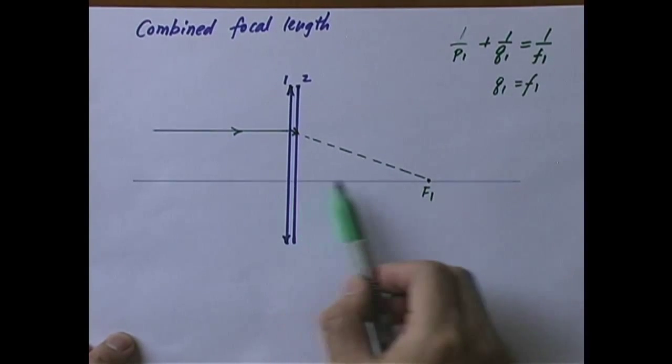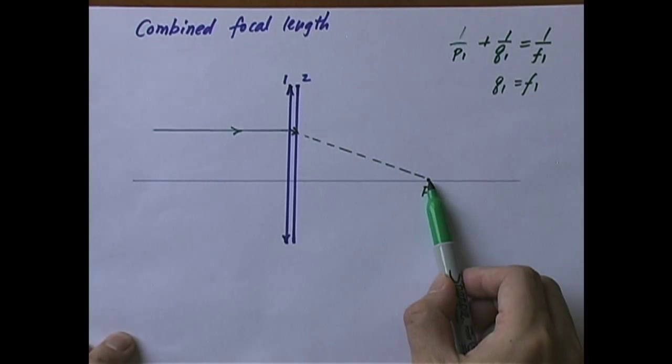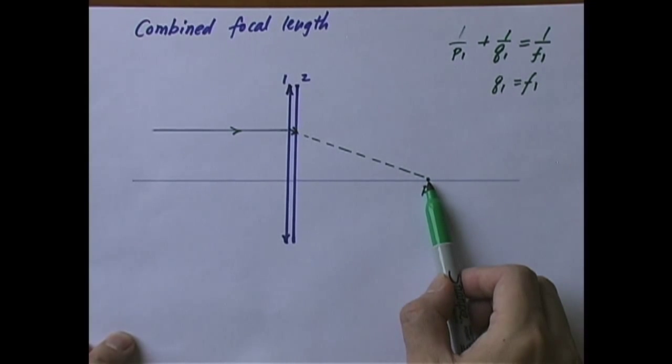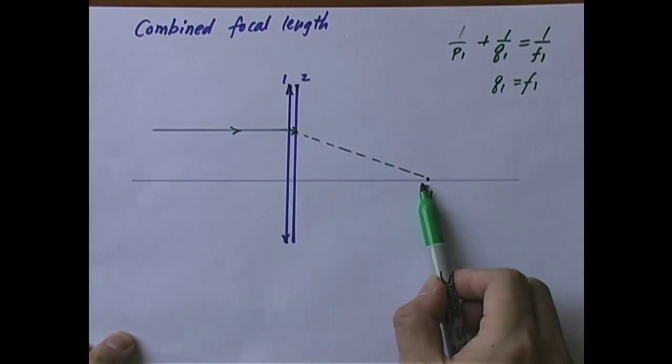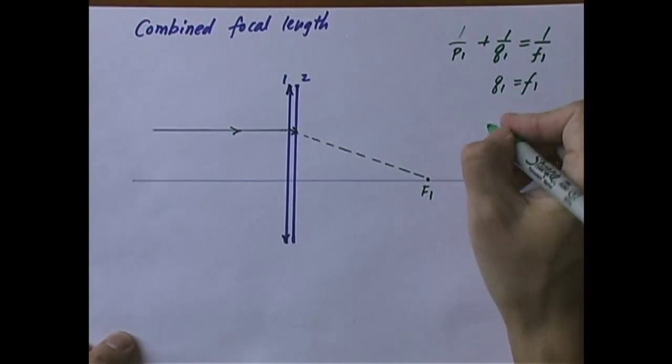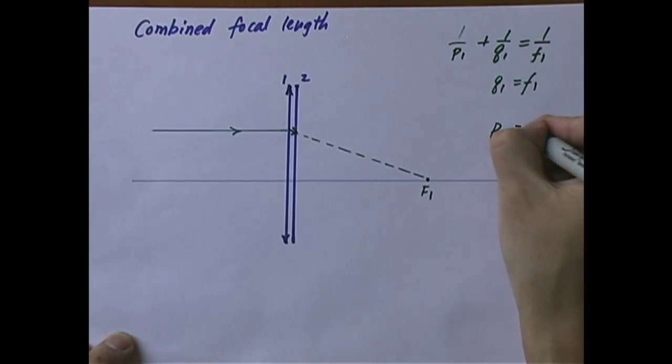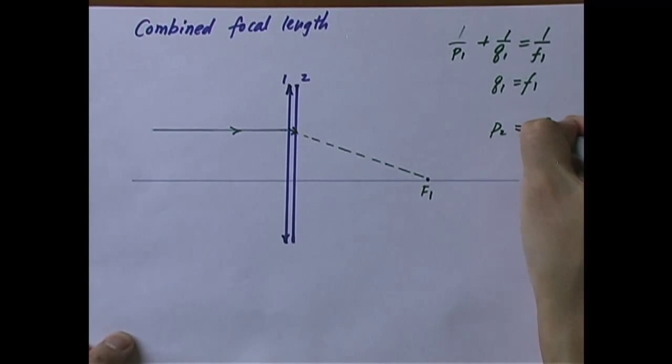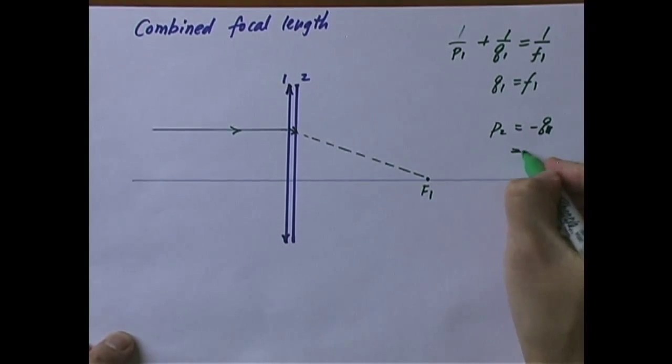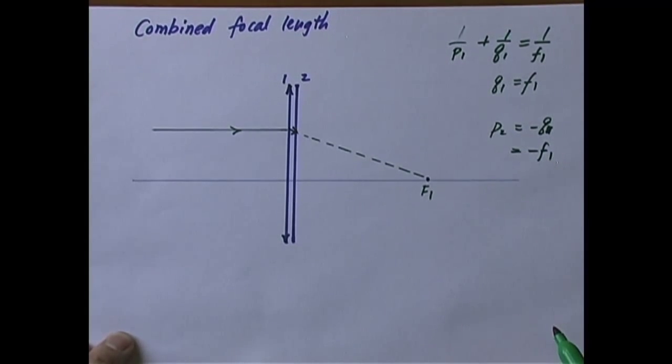So this distance carries the location of a virtual object. Using this image formed by the first lens as the object for the second lens, this distance would be a negative value for P2. P2 is negative because it's a virtual object. Therefore, P2 is equal to negative Q1, which is negative F1.